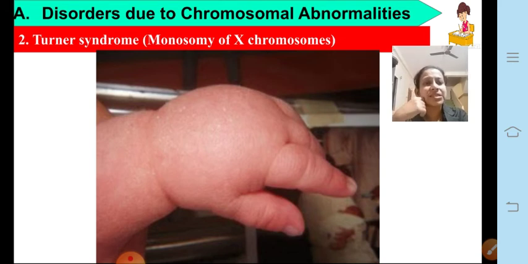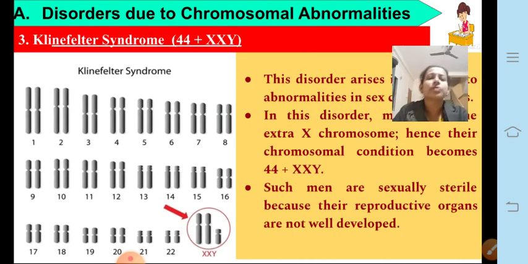Now we will have the last part of today's video, the last disorder of chromosomal abnormality, called Klinefelter syndrome. Klinefelter syndrome occurs in the case of men. We have seen a child, we have seen a woman, and now we are talking about Klinefelter syndrome in men.